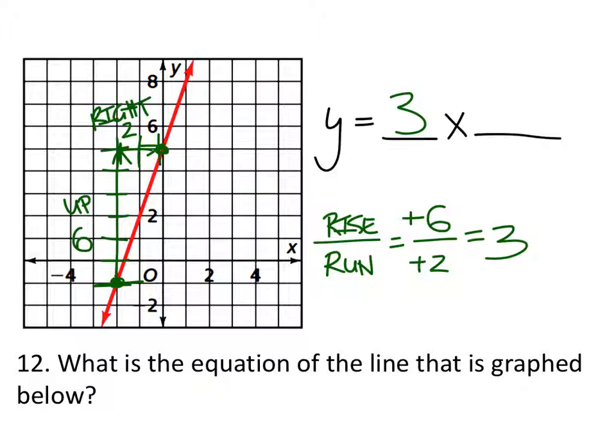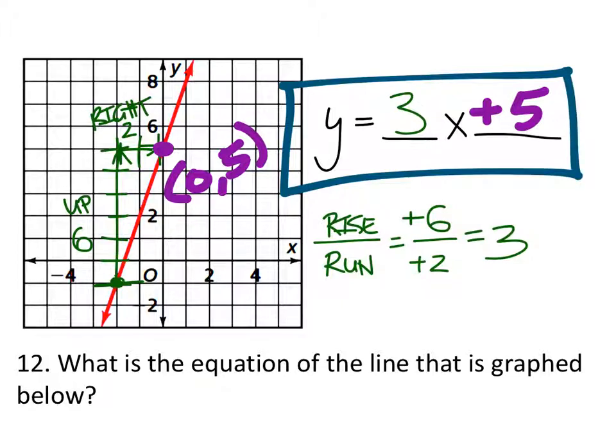So it is also the coefficient of x. Next up, we need the y-intercept, which is on the graph where the line crosses the y-axis. We already used that point, which was (0, 5). So the y-intercept would be a positive 5 in the equation. And this would be the full equation, y equals 3x plus 5.